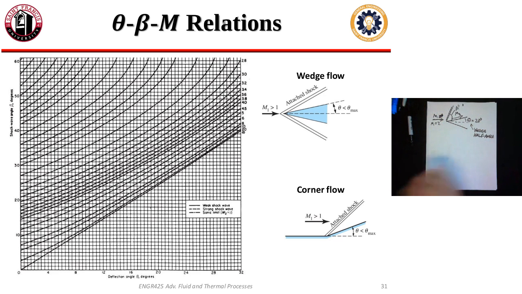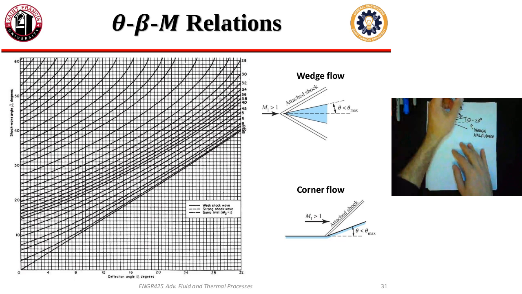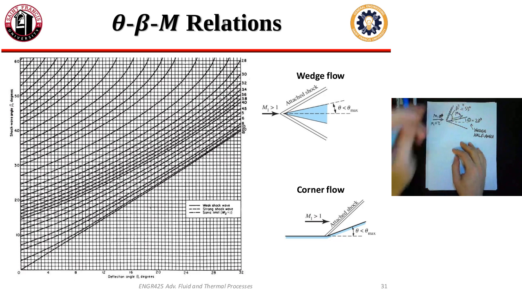So I can go to my chart. Get a piece of paper for a straight edge because that's going to be super useful. Find where theta equals 20 on the bottom. Find the Mach number 2 line, and then go over to my beta, and I get a beta of about 53 degrees.